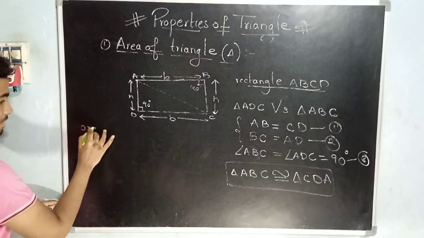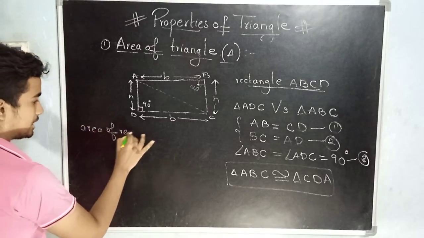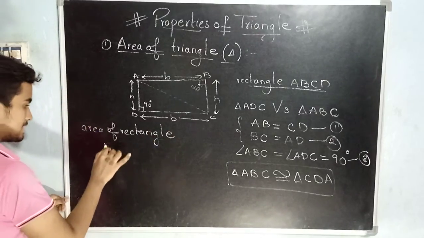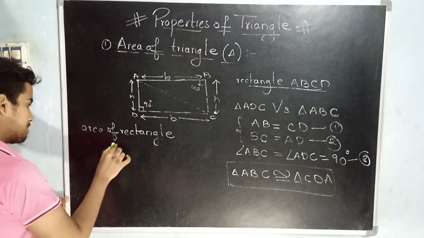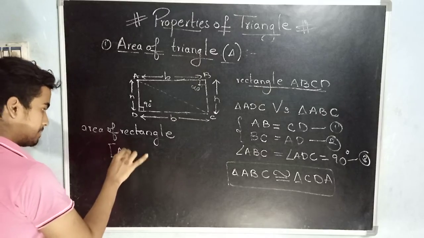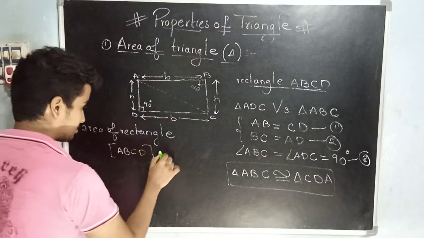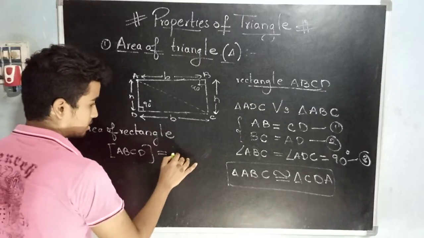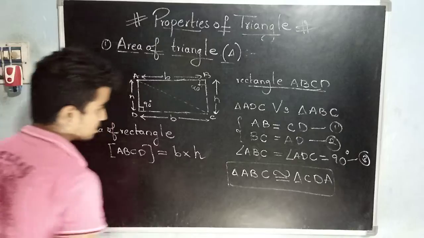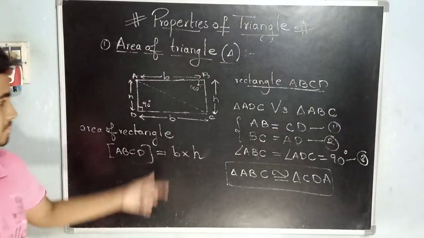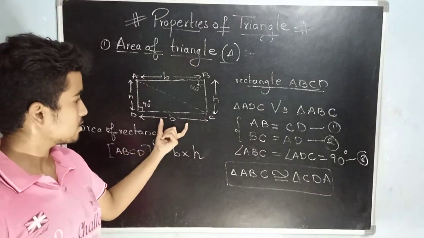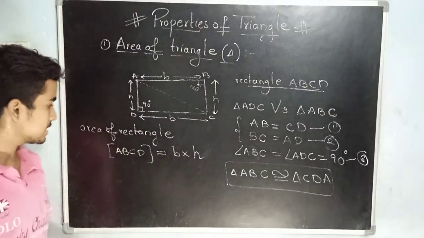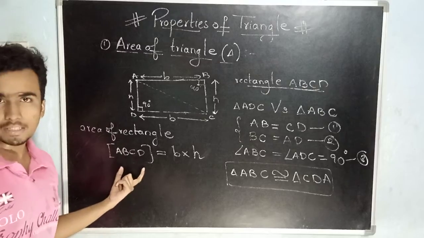So, area of rectangle is simply taken as box bracket ABCD, which is B into H, base into height. The product of this length and this breadth is B H, the area of rectangle ABCD.